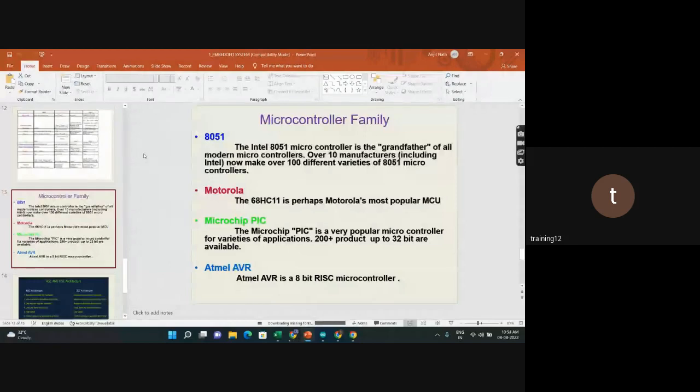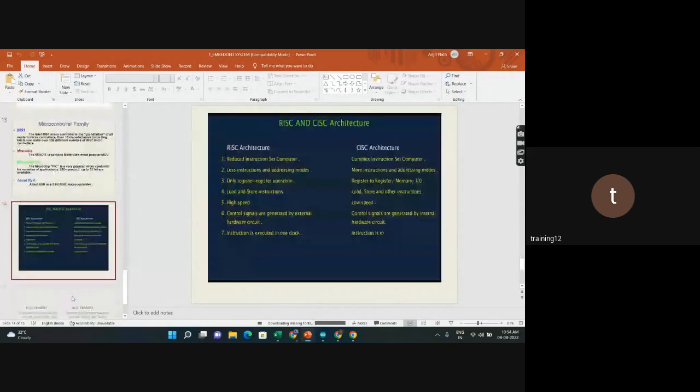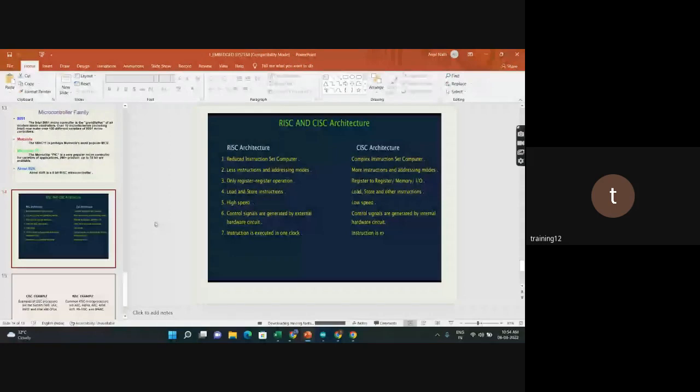MCU is microcontroller unit. Then Microchip PIC is a very popular microcontroller for a variety of applications, with 200 plus products up to 32-bit available. Then Atmel AVR is an 8-bit RISC microcontroller. Next are RISC and CISC, which I will discuss later.